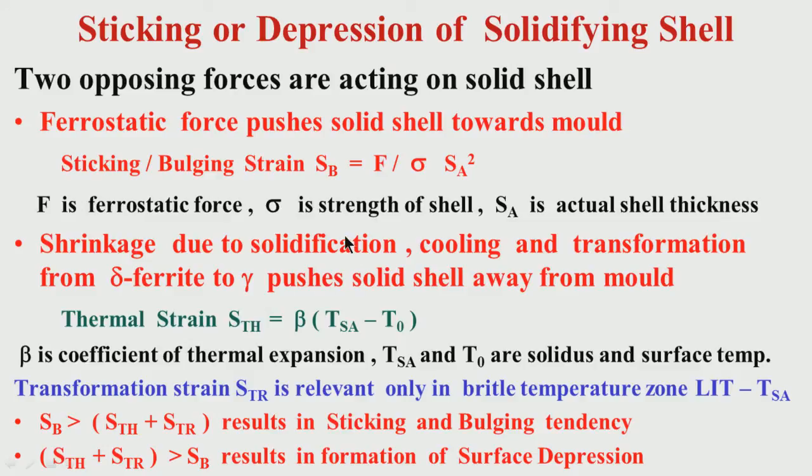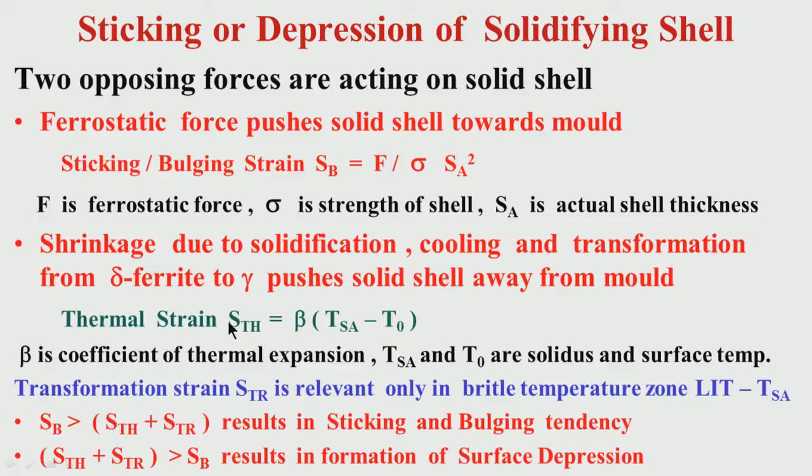So, solidification shrinkage, cooling shrinkage, thermal shrinkage, and transformation shrinkage, all these added together will cause the shell to move away from the mold wall and towards the liquid steel. So, here the ferrostatic force is pushing the shell towards the mold, away from the liquid steel, and here shrinkage is pushing the shell away from the mold towards the liquid steel. So, these two strains are opposing each other.